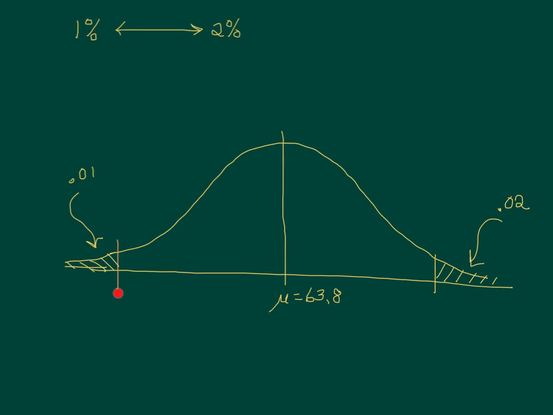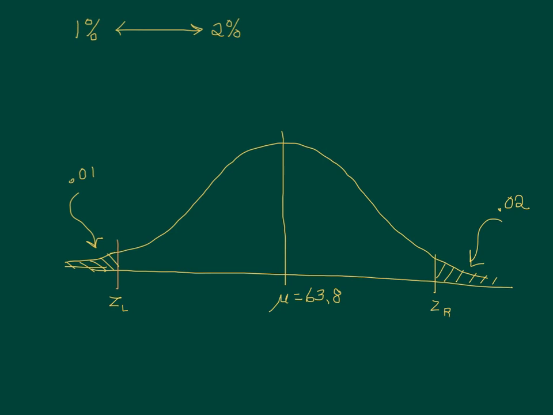So we want to find the z-score such that the area to the left of the z-score is 1%, and the z-score such that the area to the right is 0.02. So we're looking for two z-scores, z left and z right.